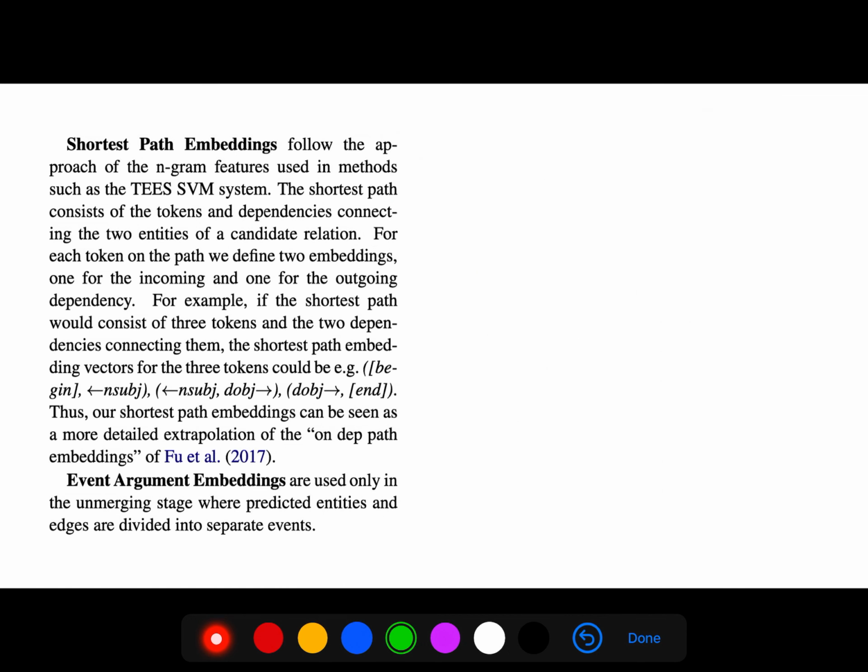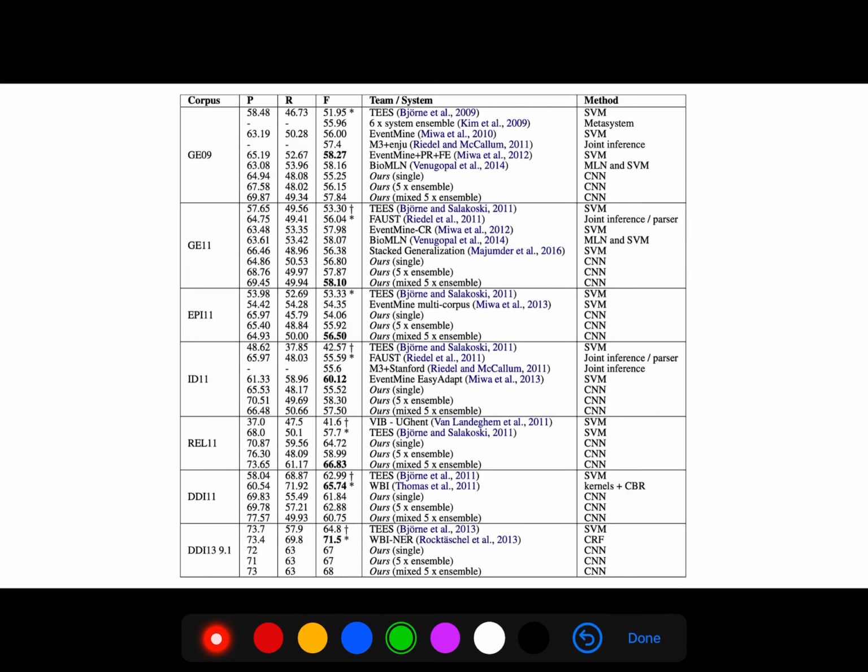And shortest path embeddings follow the approach of the n-gram features. So it consists of tokens and dependencies connecting two entities of a candidate relation. For example, if the shortest path would consist of 3 tokens and 2 dependencies connecting them, then the shortest path could be written like this.